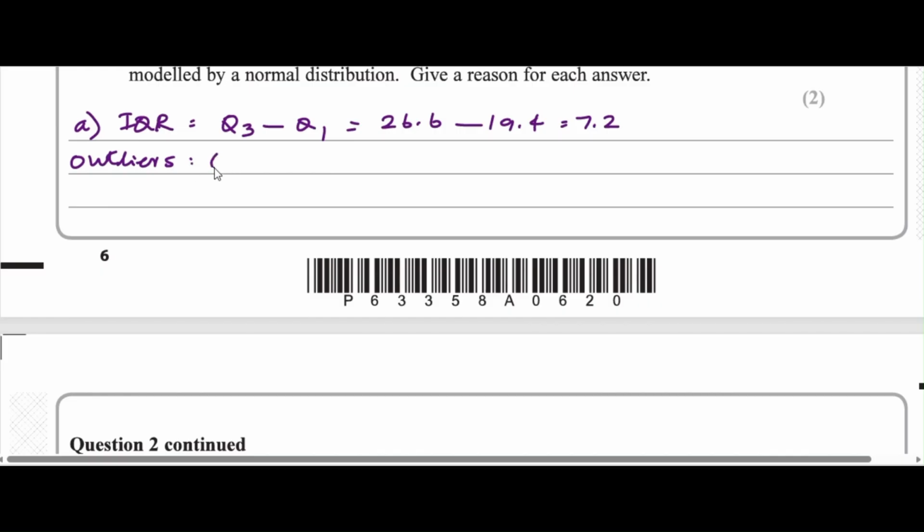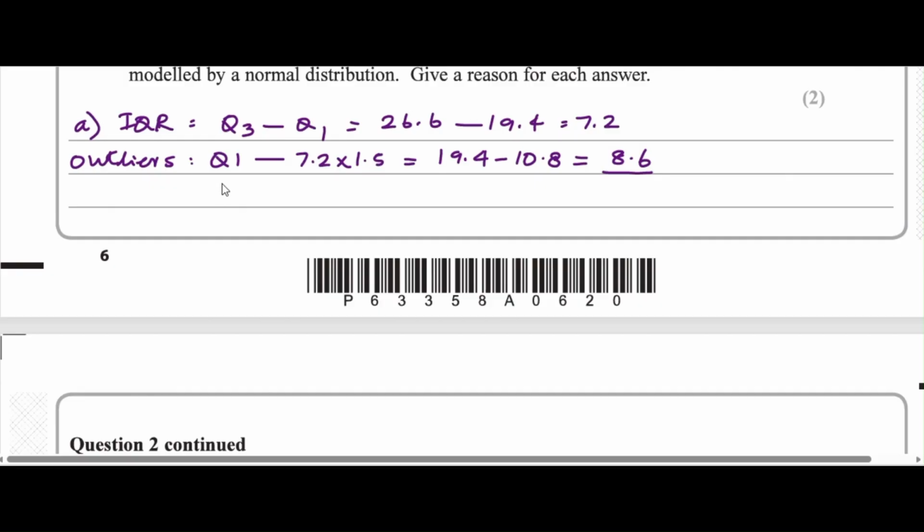Therefore outliers should be Q1 minus 7.2 times 1.5, that's equal to 19.4 take away 10.8, and that gives us 8.6.